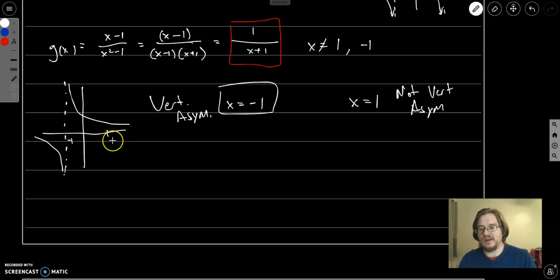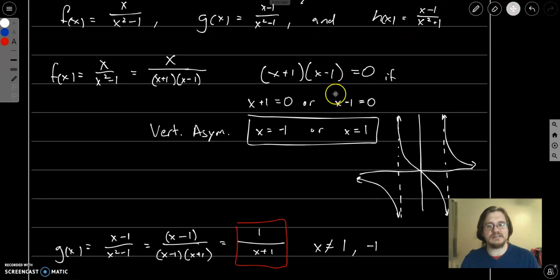And over here at 1, I have to be a little bit careful, because I can't plug in 1 at that point. So the way that I might denote this is I'll have an open circle there, meaning I can plug in numbers next to it. I can plug in all these numbers here, I can plug in all these numbers here, but I can't plug in 1. I've got an empty circle, so I have to jump over that point.